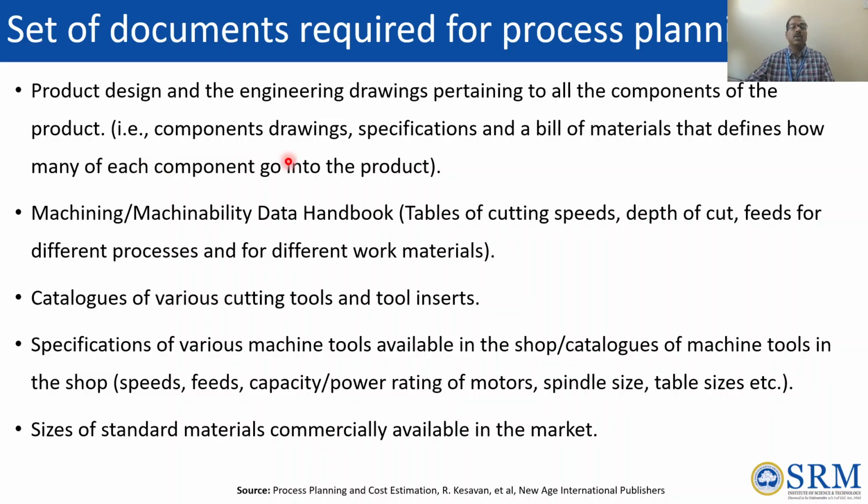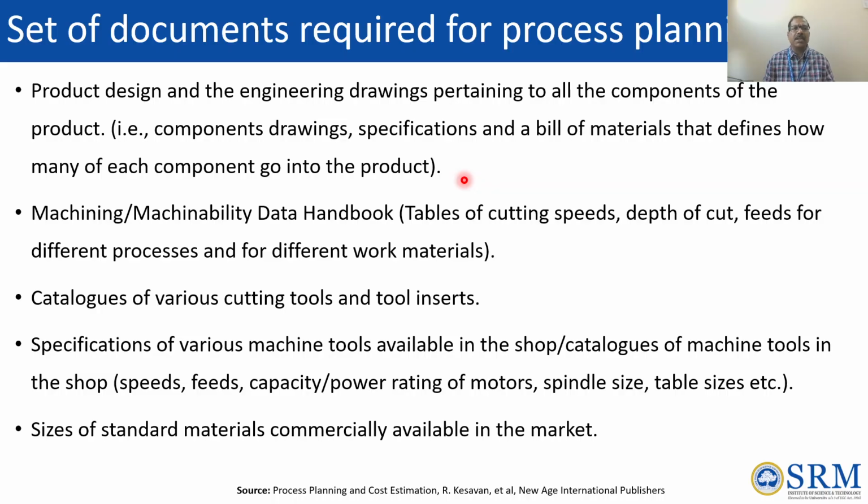That includes component drawings, specifications, and the bill of material that defines how many of each component go into the product. If you have a big assembly, how many sub-assemblies are there? How many individual parts are there? What is the size of them? What is the specification of them? How many numbers are there? And what is the drawing of that particular individual part?